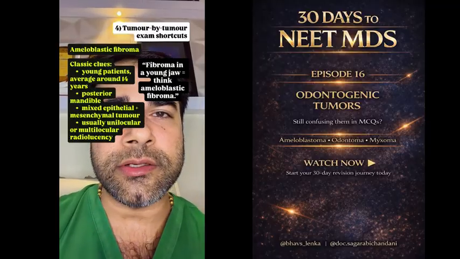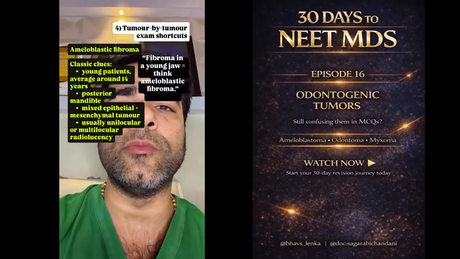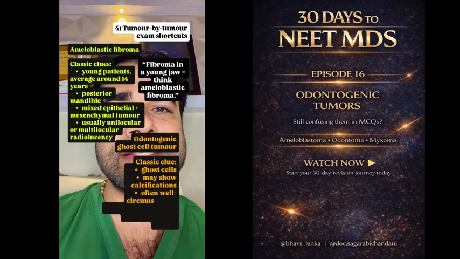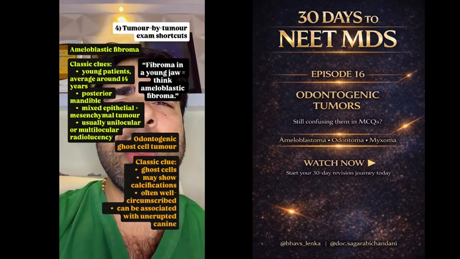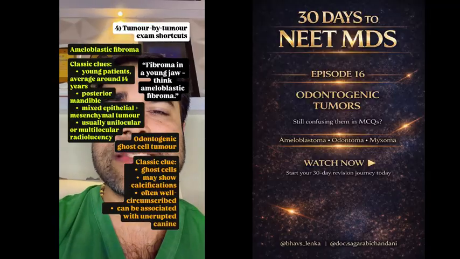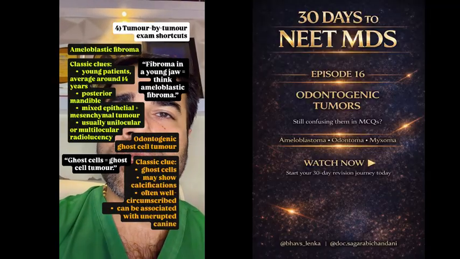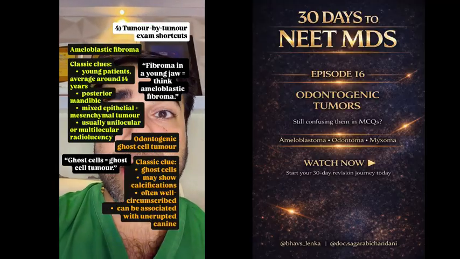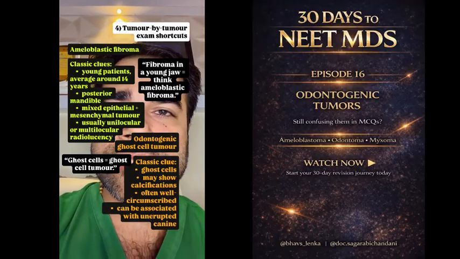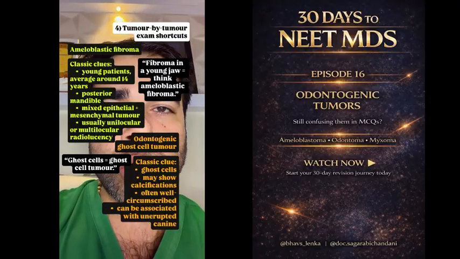Recurrent lesions matter because some can progress towards ameloblastic fibrosarcoma. Odontogenic ghost cell tumor. Classic clues: ghost cells may show calcifications, often well circumscribed, can be associated with unerupted canines. Memory: ghost cell is equal to ghost cell tumor. The ghost cell group is uncommon but highly important because ghost cells are such a distinctive histological clue.